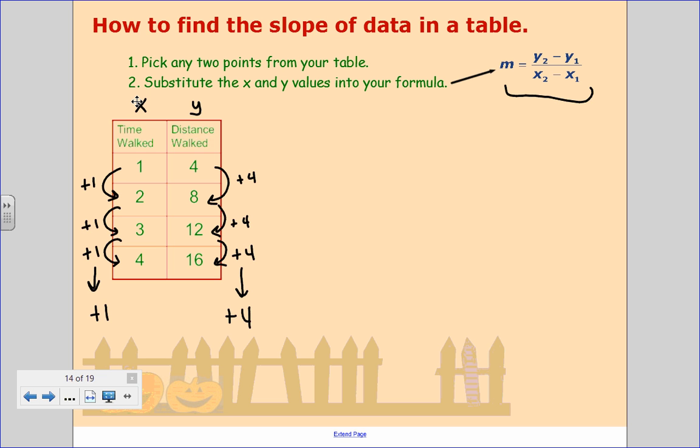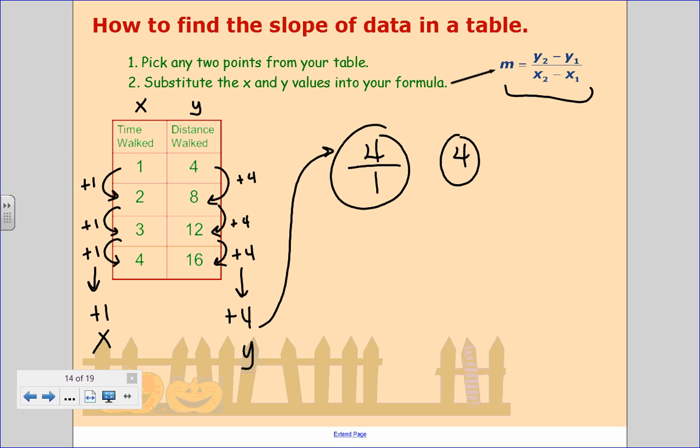So if you have a constant rate of change of your y's and x's, we can write the slope of the entire set of data, or the rate of change of the whole set of data, as either 4 over 1 or just 4, because change in y's goes on top, change in x's goes on the bottom.